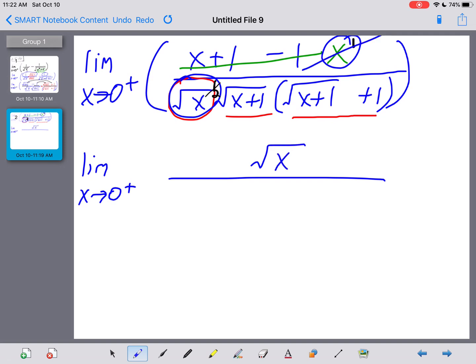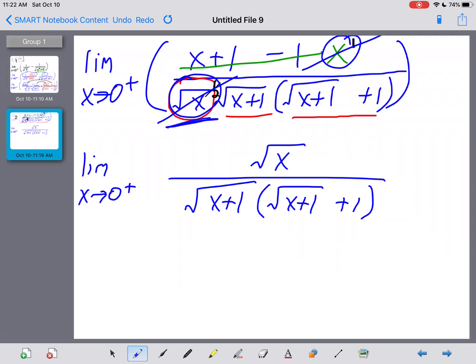So that takes care of that and that, leaving us now with the square root of x plus 1 multiplied by the square root of x plus 1 plus 1 down on the bottom. And as messy as this still is, we got rid of the problematic factor in the denominator, so I'm pretty sure that plug and chug is going to work here.